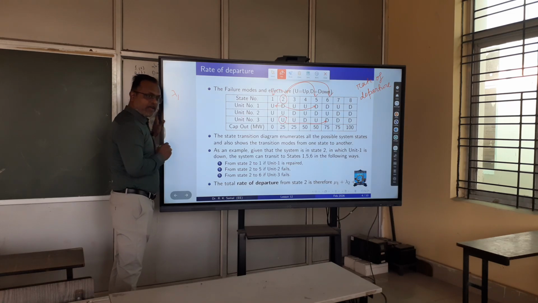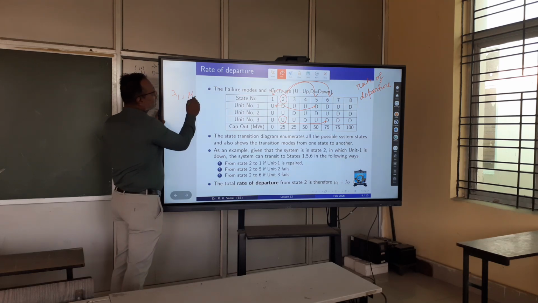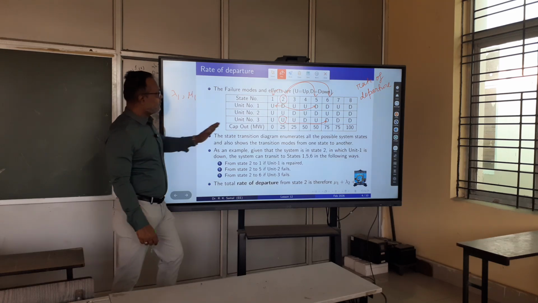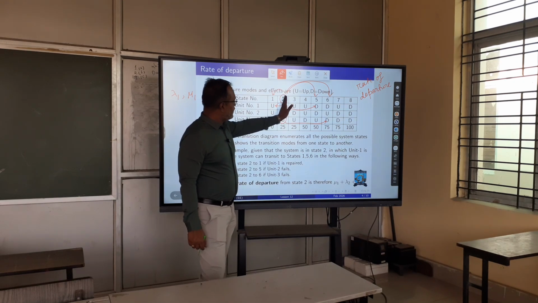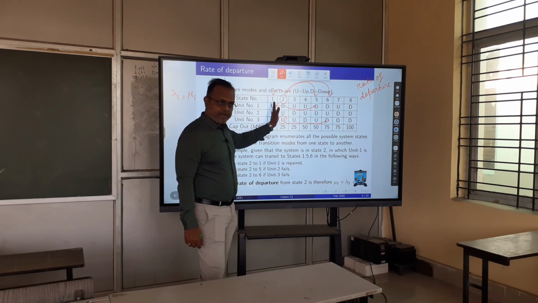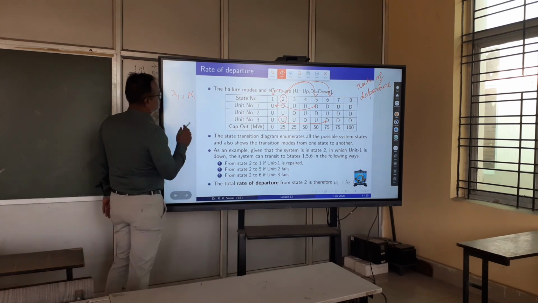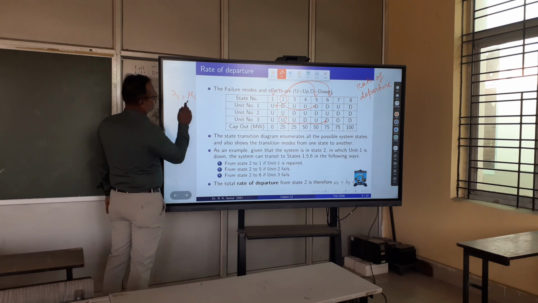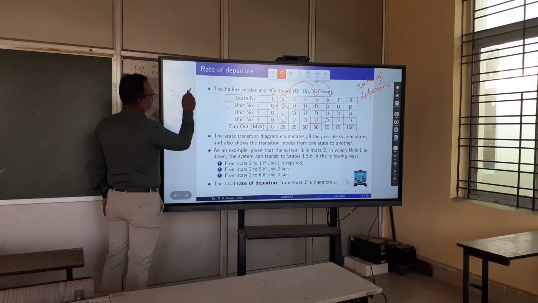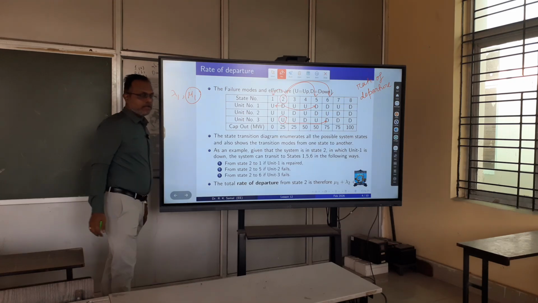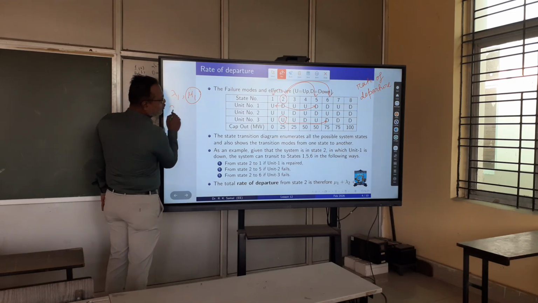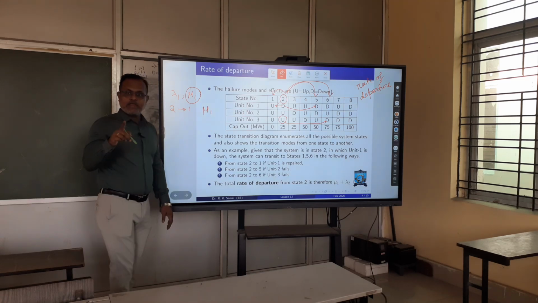Lambda 1 is the generation 1 failure rate. Mu 1 is the repair rate for unit 1. So for going from state 2 to state 1, you are repairing unit 1, so the rate of departure is mu 1.